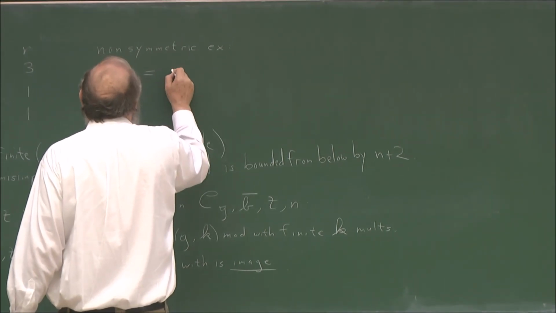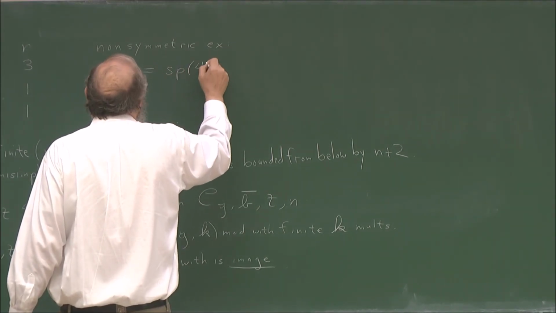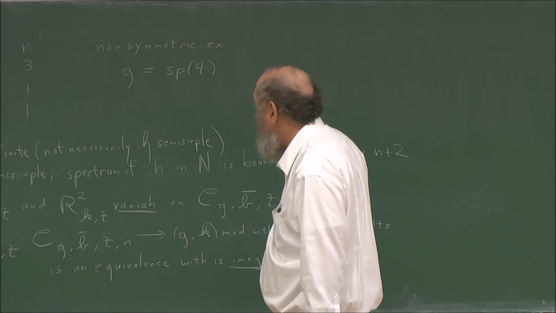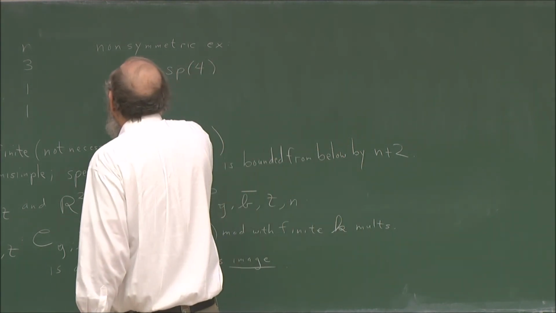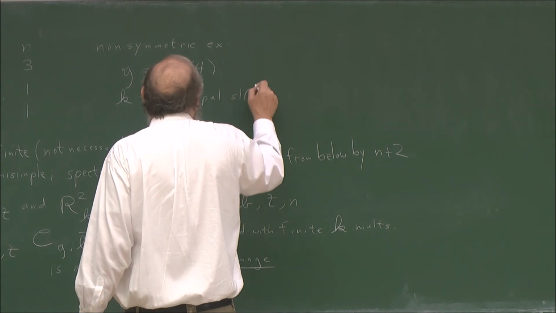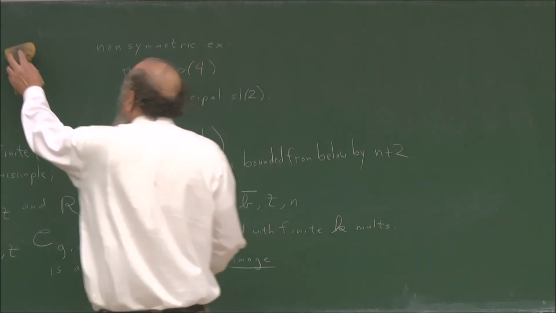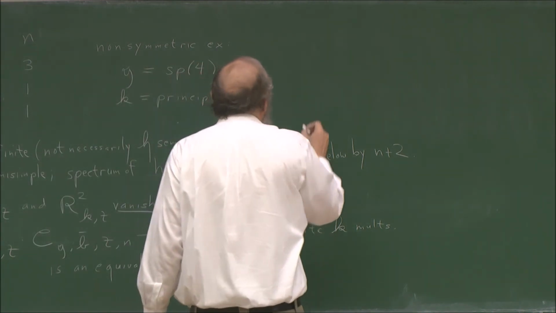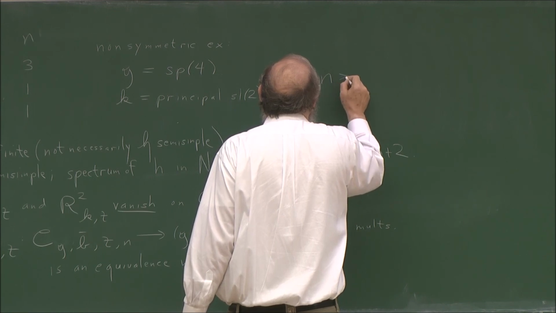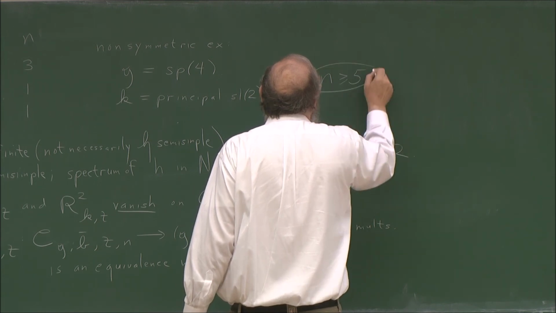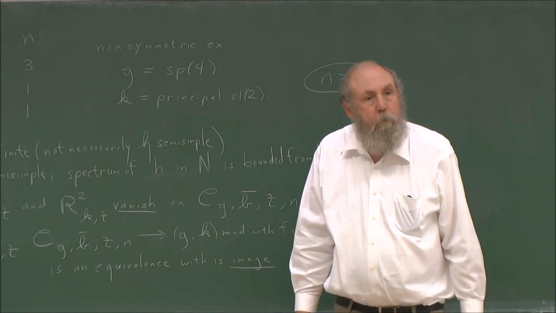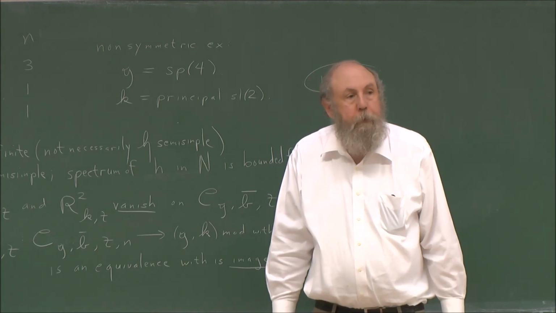Take G to be, as before, 4x4 symplectic matrices, and then you take K to be the principal SL2, and in this case, you have to have n greater than or equal to 5. So in other words, you have to go to the 6-dimensional representation.